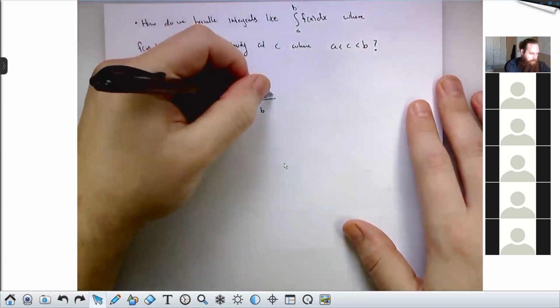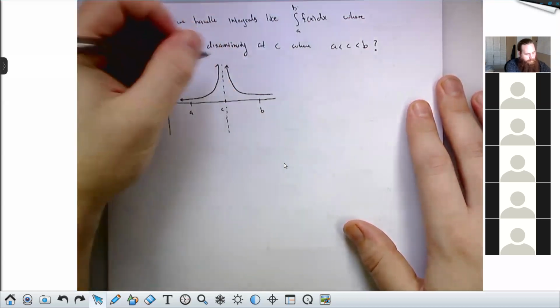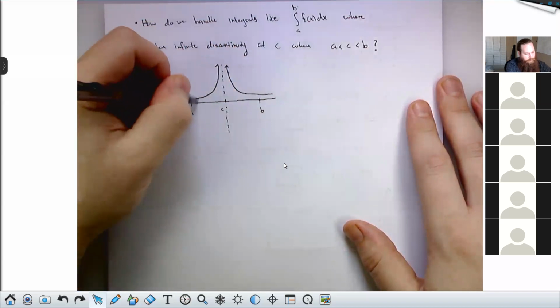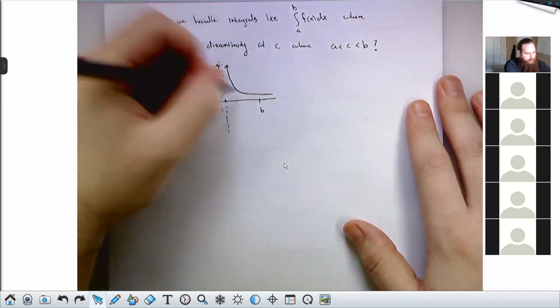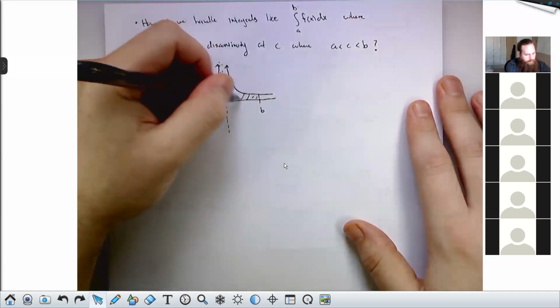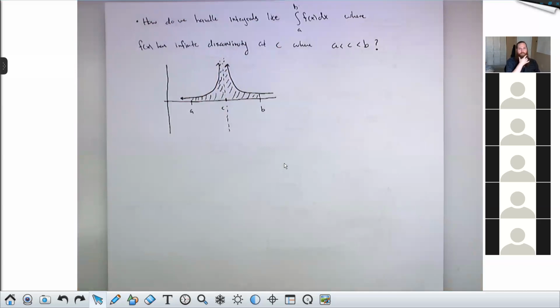So something like this. So rather than having the problem at one of our bounds, we have the problem somewhere in between.